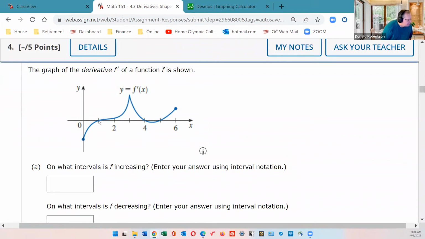Would you agree that it's increasing from x equals 1 to 4, and then 5 to 6? And then it's decreasing from x value 0 to 1, and then a little baby from 4 to 5. Above the axis increasing, below the axis decreasing. And that's essentially what the first derivative graph can tell us.